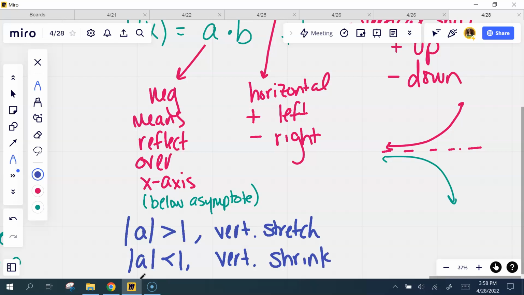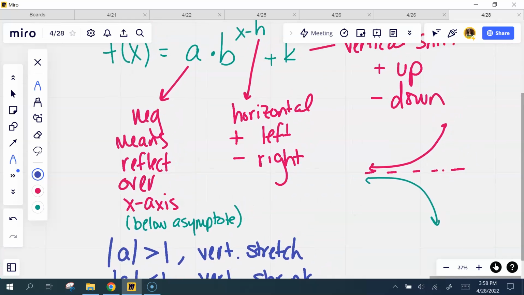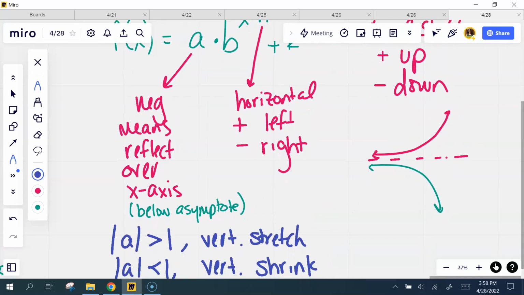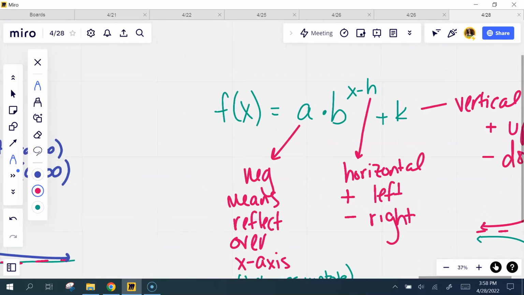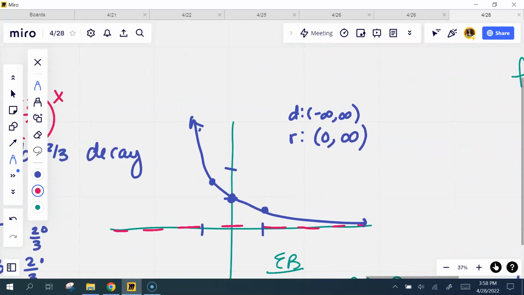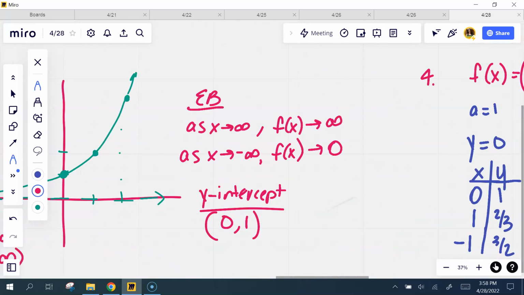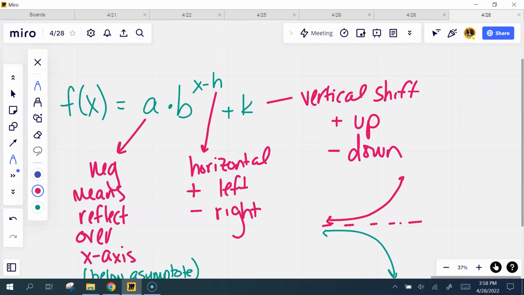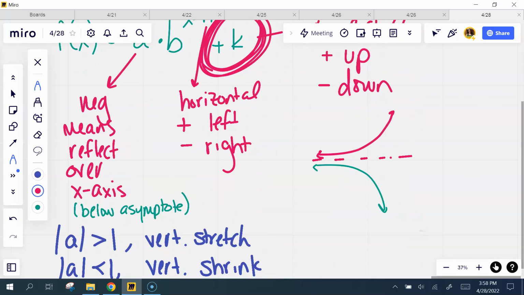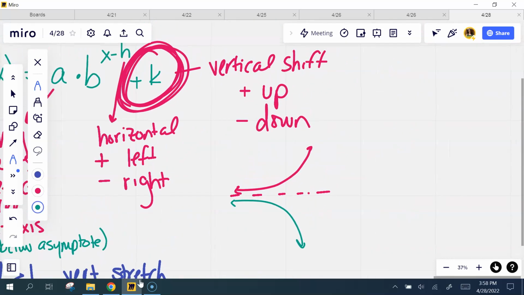Now there is one thing that I want you to add and star and highlight. For these parent graphs over here, our asymptote was always 0, right? Always 0, everything we did. When we get into these transformed ones, your vertical shift up or down, this k, is always your asymptote. So y equals k is your asymptote.